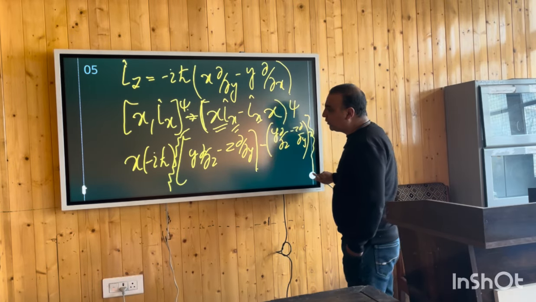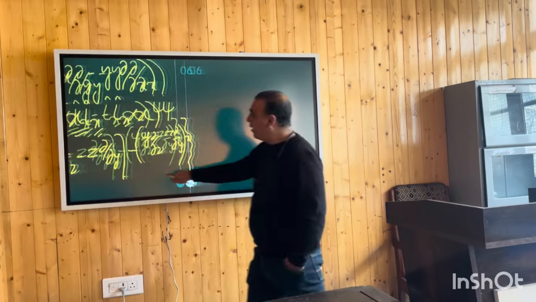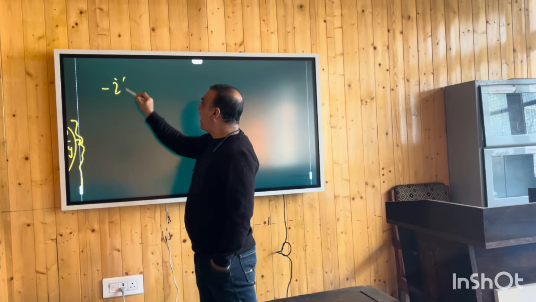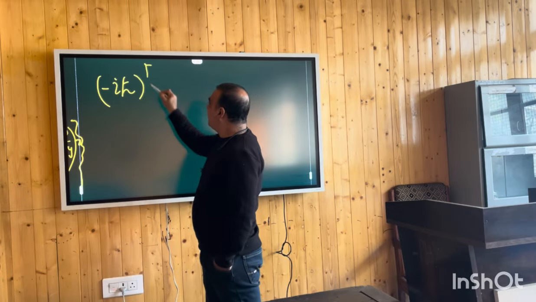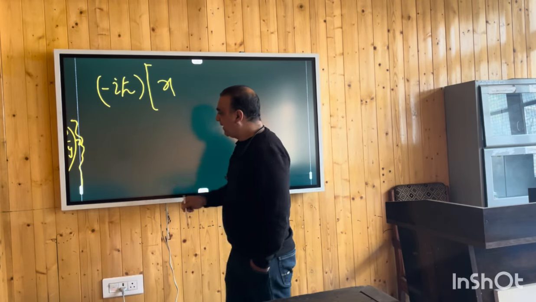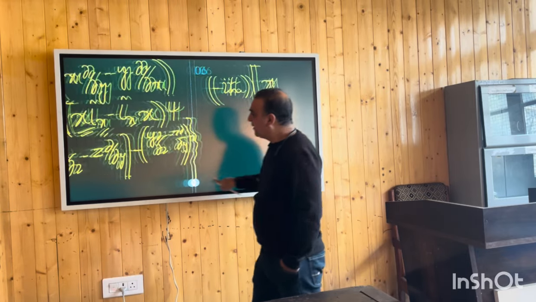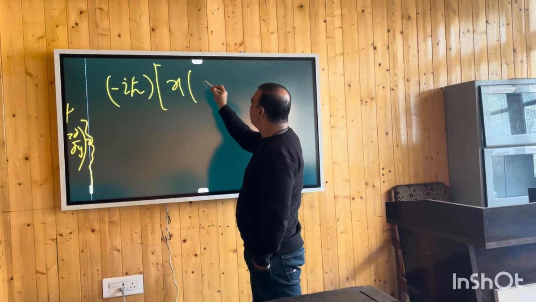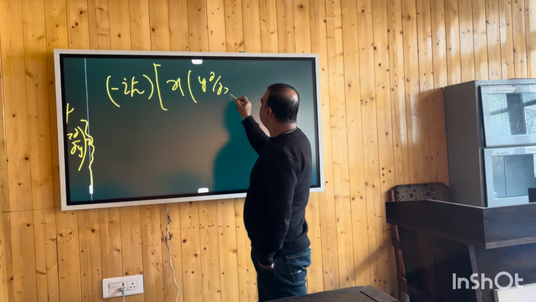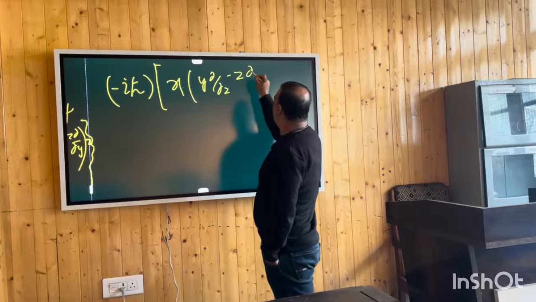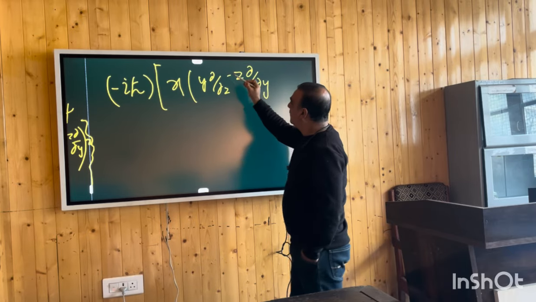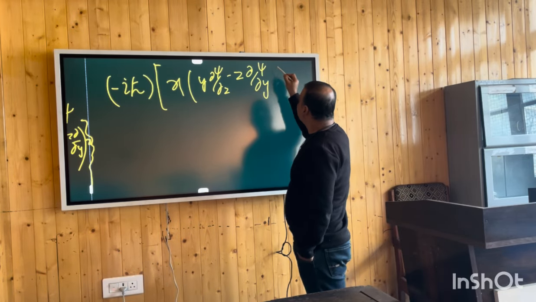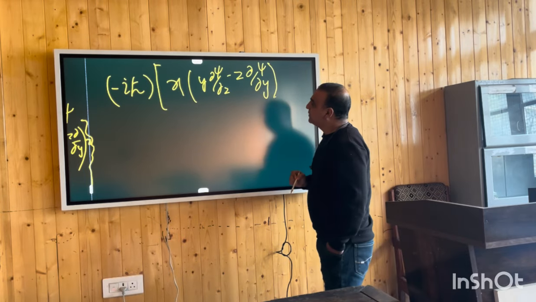So when you do this, what you will have is minus iħ outside, and then inside you will have x, and I'll have to check it, x times y ∂/∂z minus z ∂/∂y, multiplying this by the eigenfunction psi. This will be the first thing.